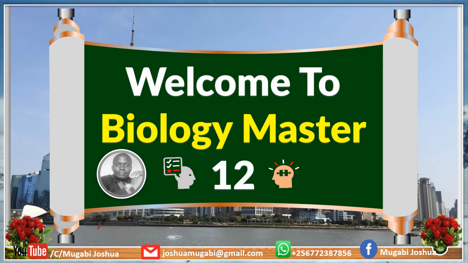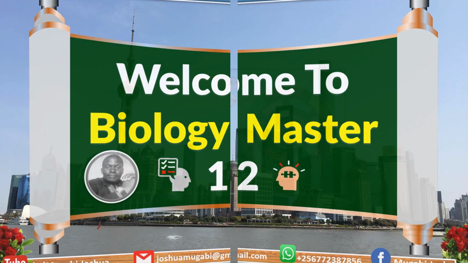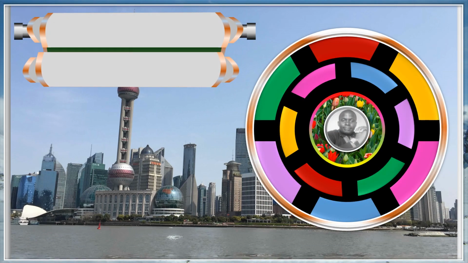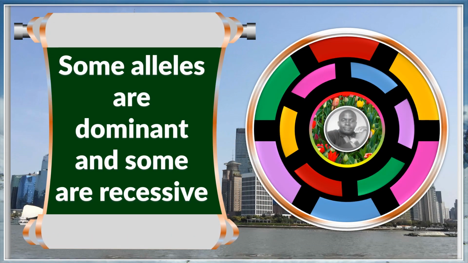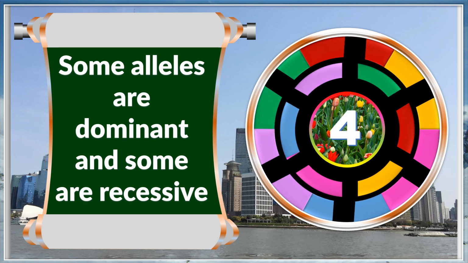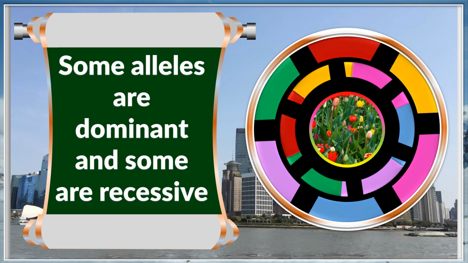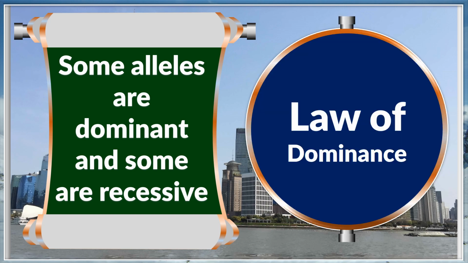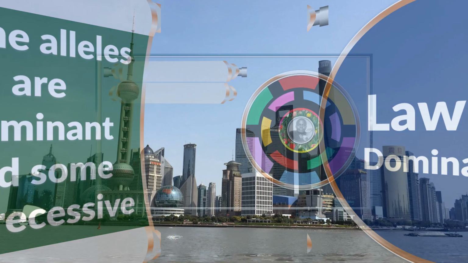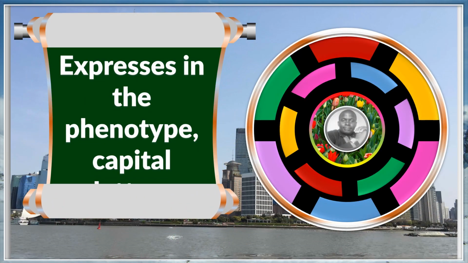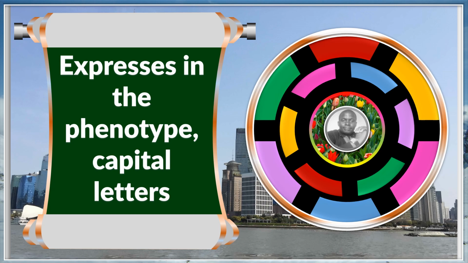Let's go straight away to our quiz. Some alleles are dominant and some are recessive. Law of dominance. Expresses in the phenotype, capital letters.